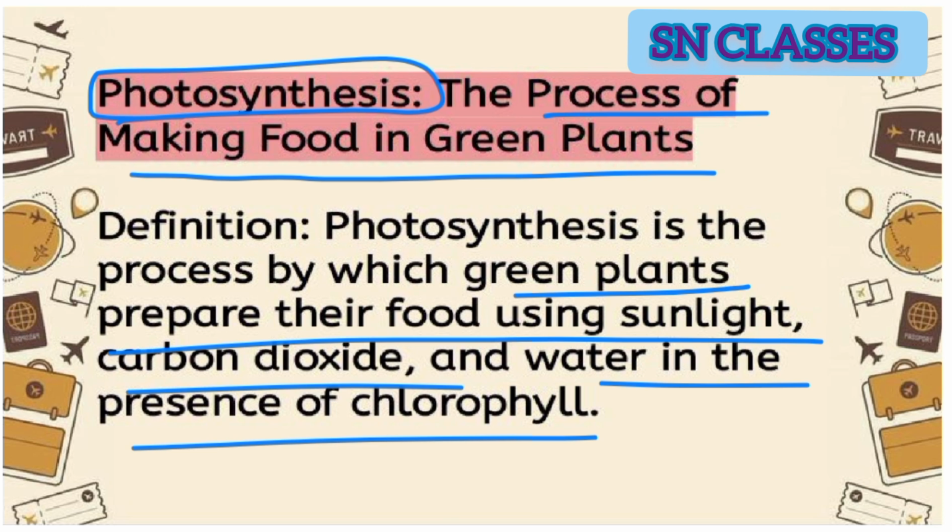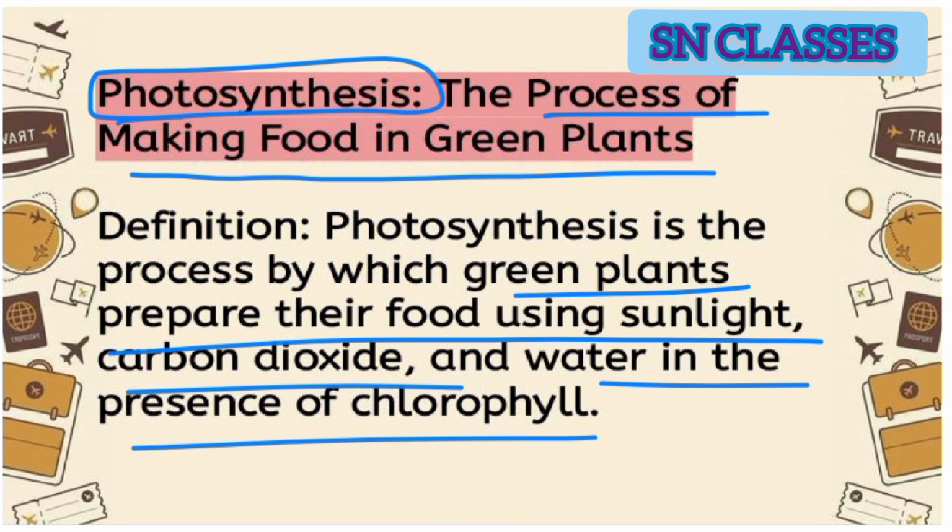Photo means light and synthesis means synthesizing. In this process the green plants prepare their own food by absorbing sunlight, taking in carbon dioxide and absorbing water, with the presence of a pigment called chlorophyll. So totally this process is called photosynthesis.